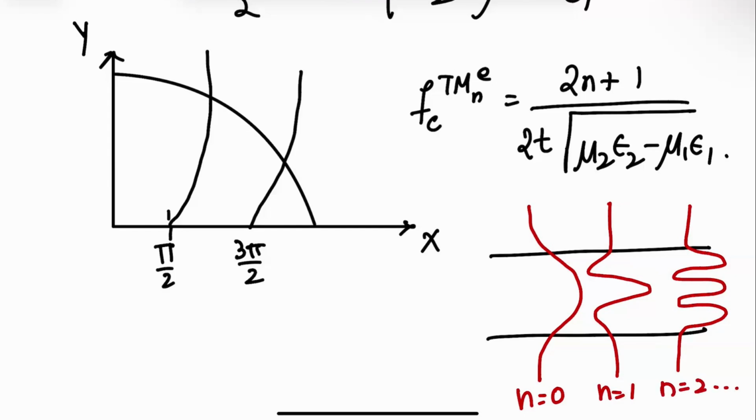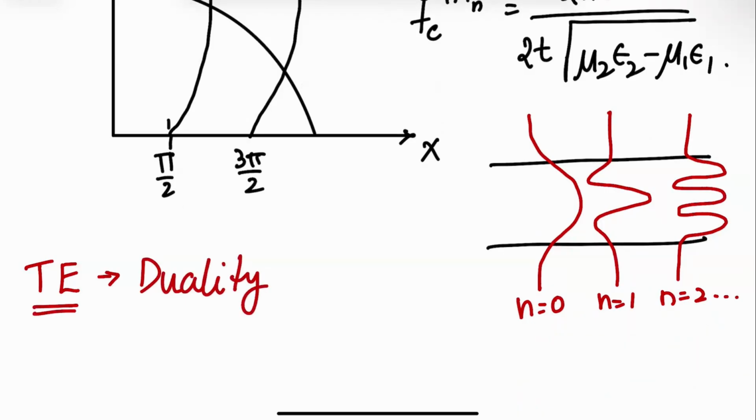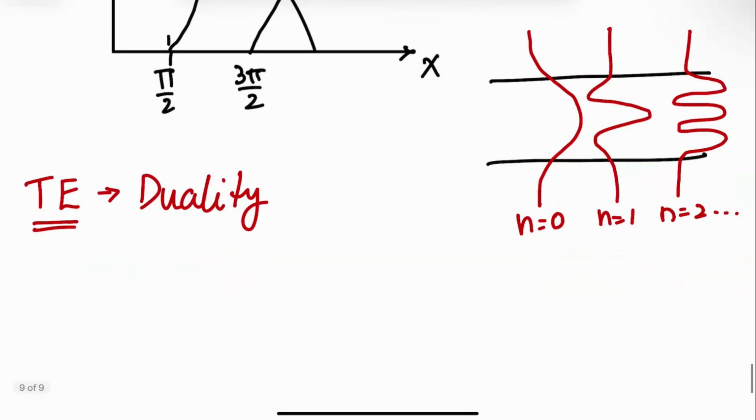Okay, so the lowest cutoff frequency corresponds to the TM odd modes, TM0 odd, and that's the fundamental mode, because that's the first mode that starts propagating. Of course, you can arrive at the TE solution by simply taking duality. And then again, there you'll have even and odd modes, and that completes all the different solutions for this problem.